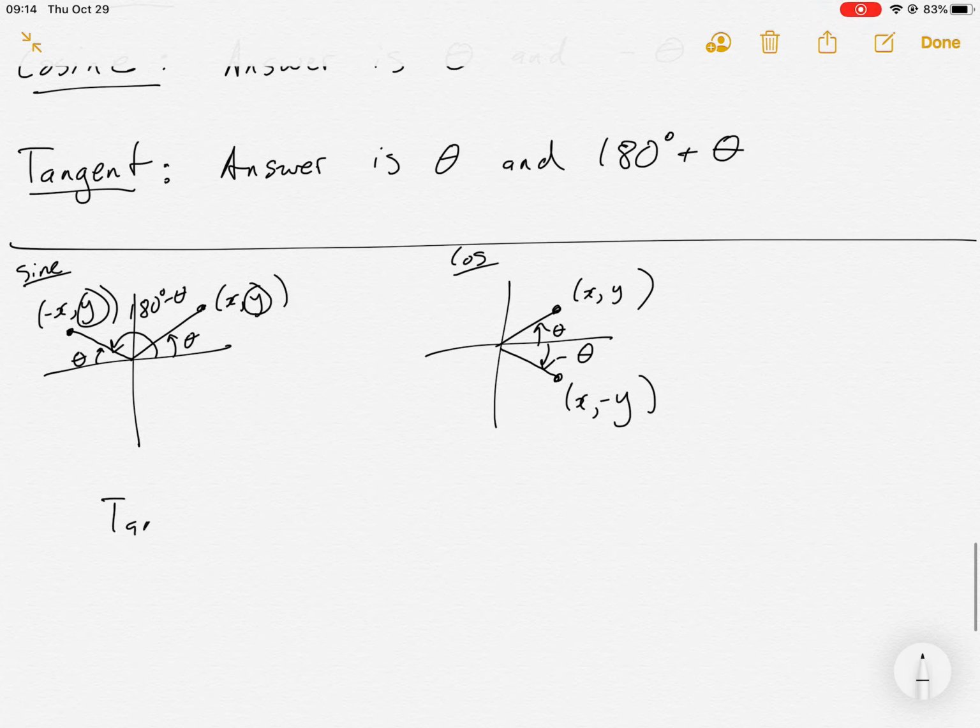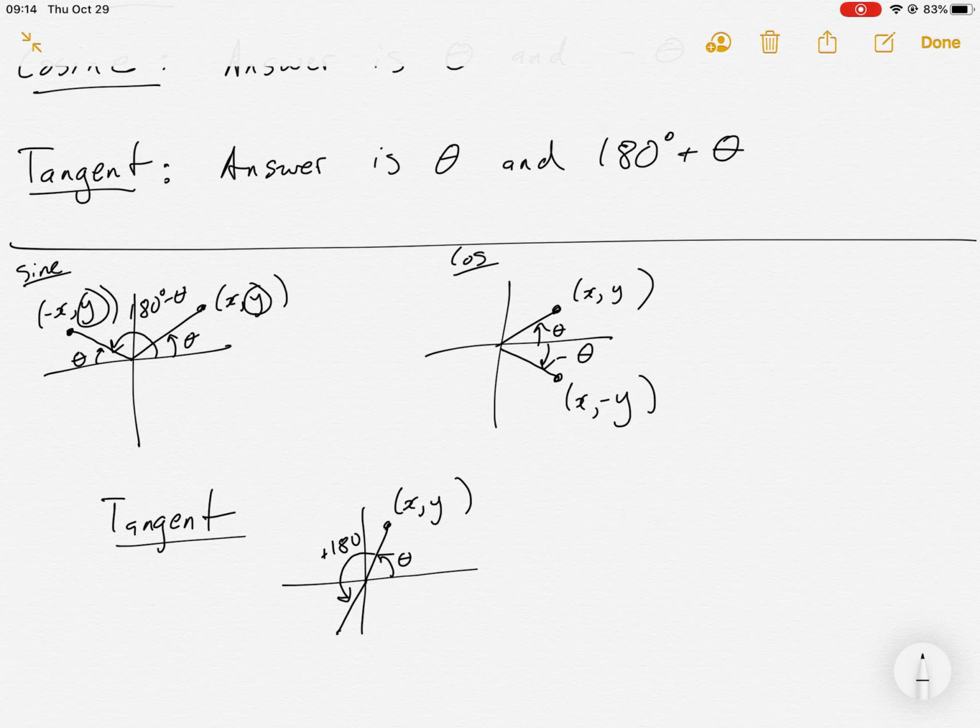And then for tangent, tangent's a little bit harder to see, but if I had some theta here, and this was x, y, if I rotate another 180, then down here I'm actually going to have negative x and negative y. So then y over x will still be the exact same thing, because negative y over negative x is the same as positive y over positive x.